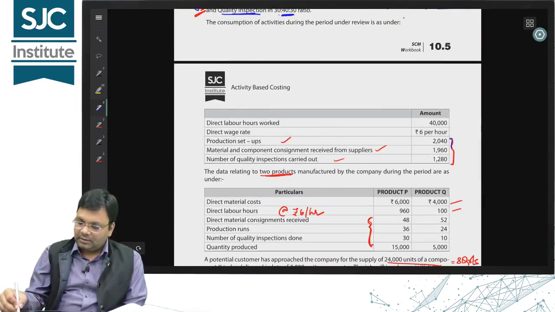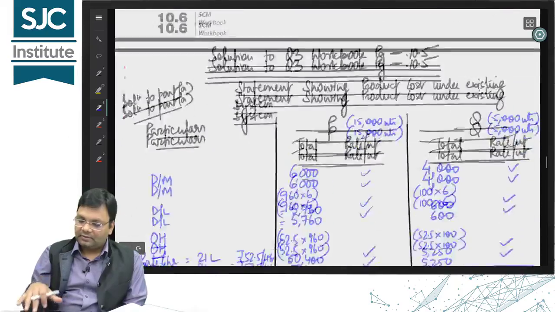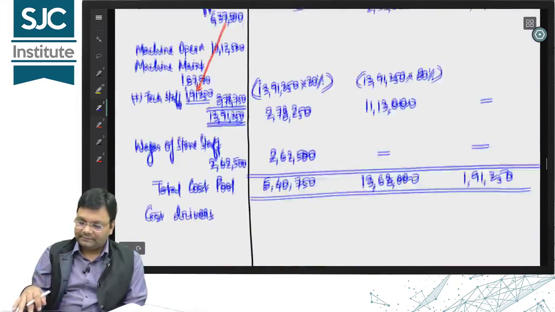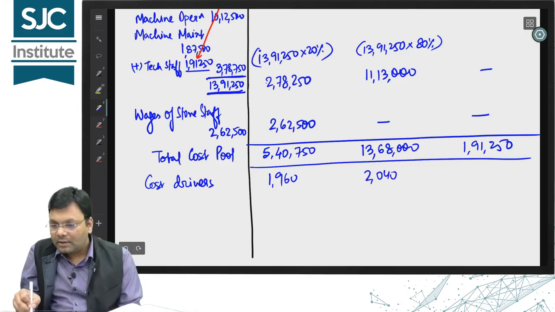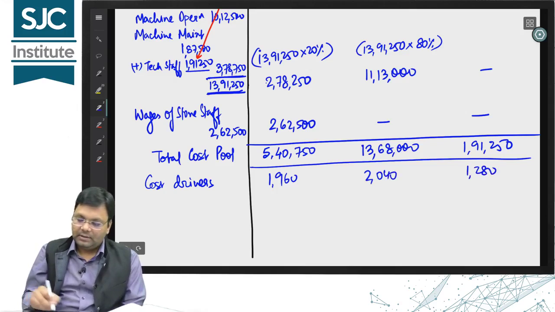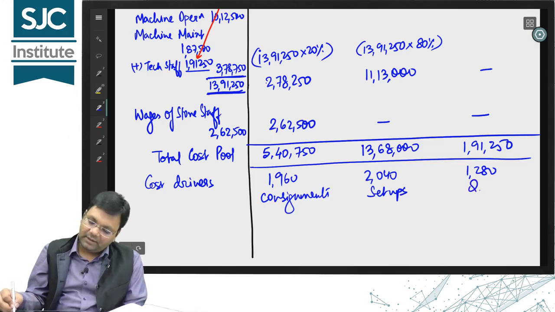Here the total drivers for the period were this much. 2040 is for setup, 1960 is for suppliers, and 1280 is for quality inspection. So first will be 1960, 2040, and lastly it is 1280. This is 1960 consignments, 2040 setups, and 1280 quality inspections.